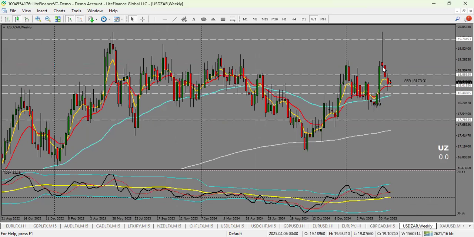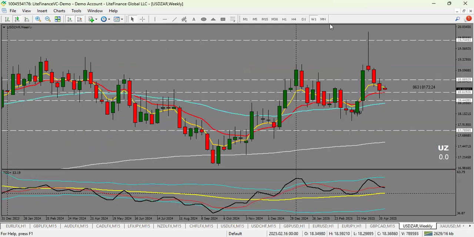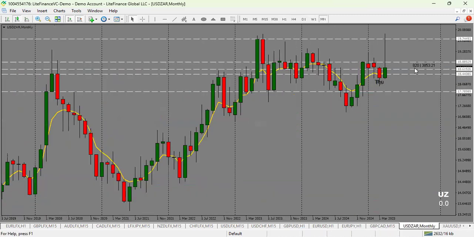So you can see this was the first weekly candle, the second, the third. So if this monthly candle closes maybe like a hammer, an inverted hammer, then our bullish market structure would still stand.